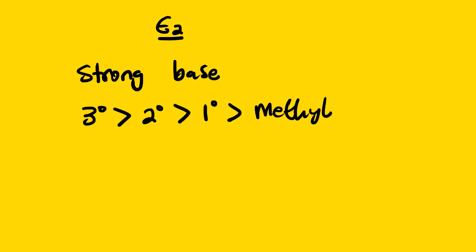And those strong bases can also be strong nucleophiles from SN2. And with the E2, we have to apply the Zaitsev rule. But we also have another rule, which is Hofmann.